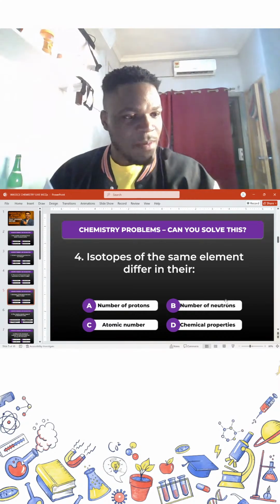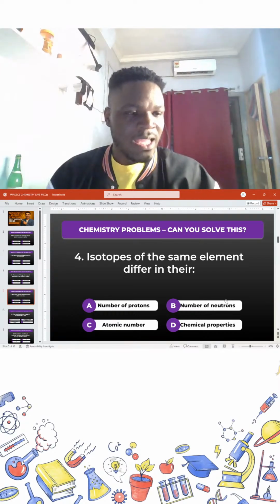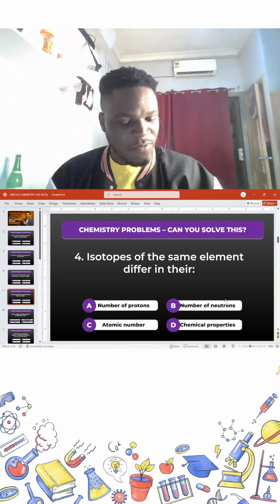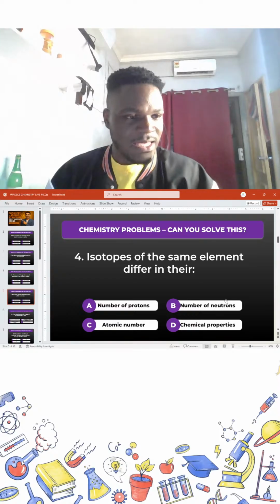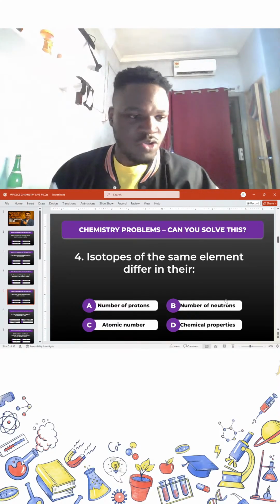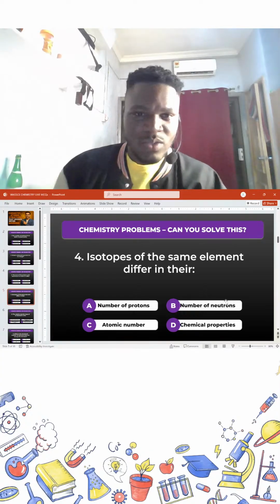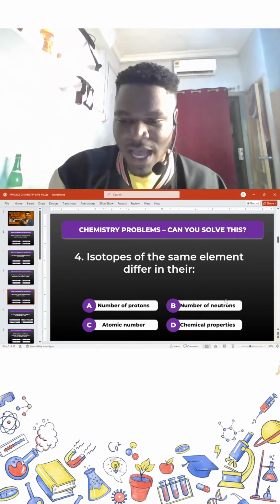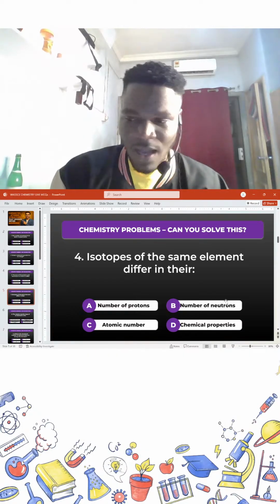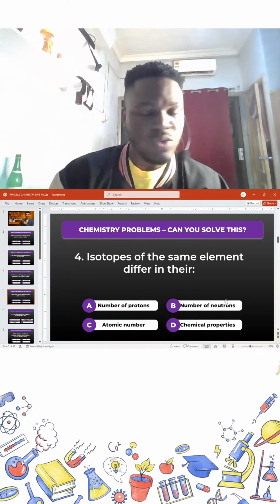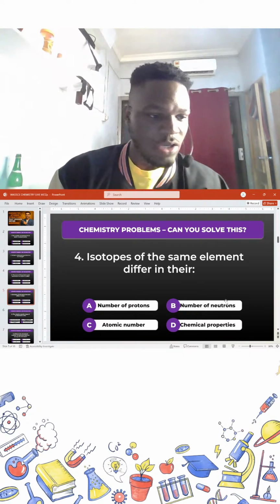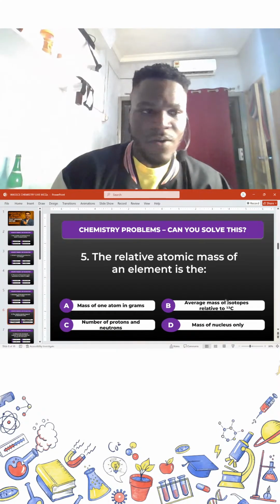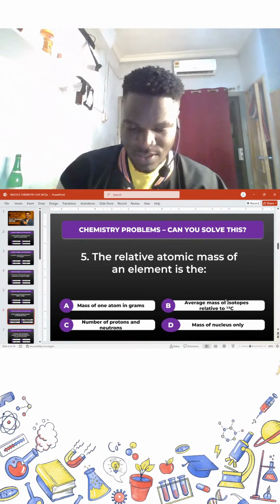Because they have the same number of protons, they are of the same element, but the difference is in their mass numbers, which is a result of the differences in the neutron numbers. That is what makes them isotopes. All right, let's move on to the next question.